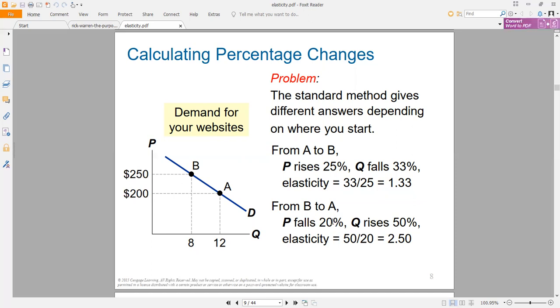That will give us 20%. So price would have fallen by 20%. Now, if you take the quantity, we are moving from B to A. So now 12 is the new one.